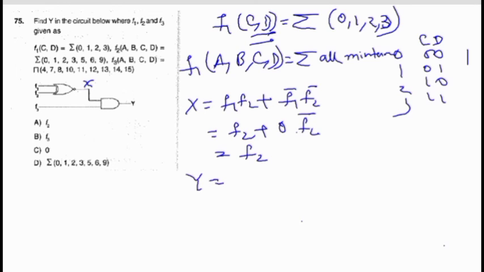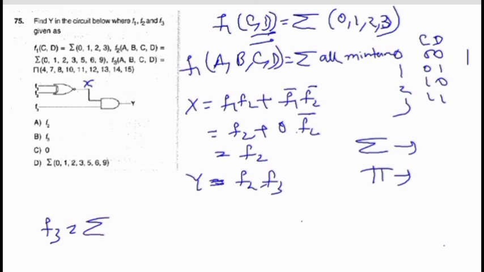Now Y is equal to F2 into F3, right? Now see, F3 is given in terms of max terms, right? Because sum means min term and product sign means those are max terms. So if we want to write F3 in min terms, what will be the answer?